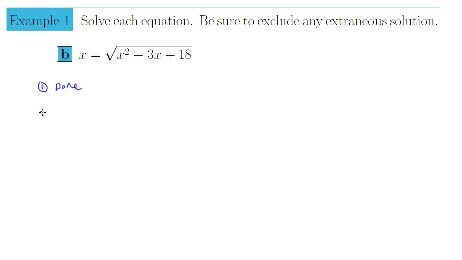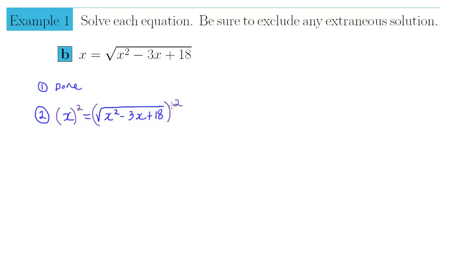So I can move on to step 2, which says I have to raise both sides to the nth power. Since I'm dealing with a square root, I have to raise both sides to the second power. I have to square both sides. So let's write that. I take my equation, which already had the square root isolated, and I square both sides to get rid of the square root.